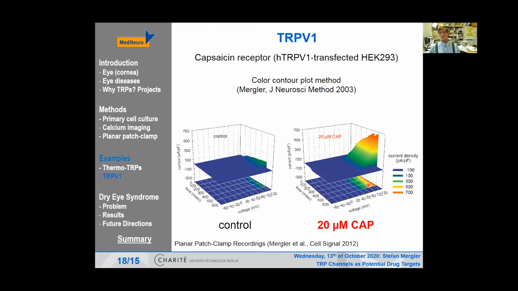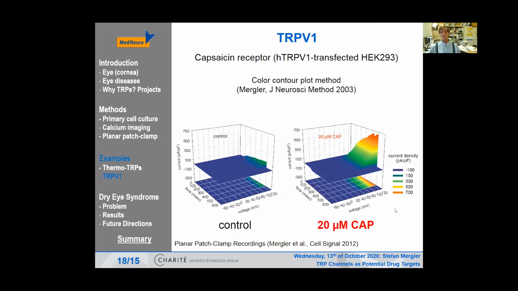And if you view this contour plot, it can be analyzed regarding activation threshold, for example, and you can distinguish between specific and unspecific activation of channels. And we could show for the first time different patterns regarding unspecific blockers, for example, lanthanum or nickel chloride, and specific tools, for example, for R-type channels, SNX, or for capsaicin, which is highly selective, and we can see differences in the patterns shown here.